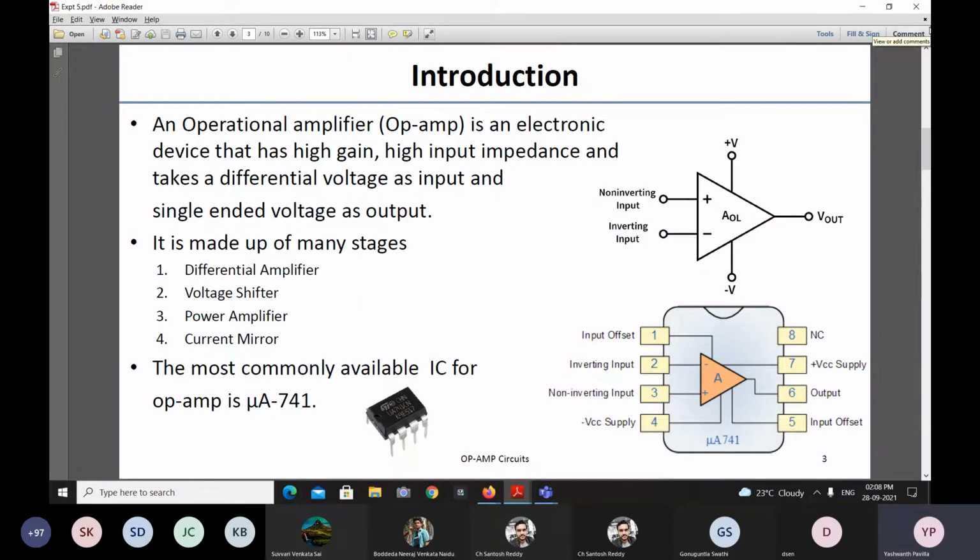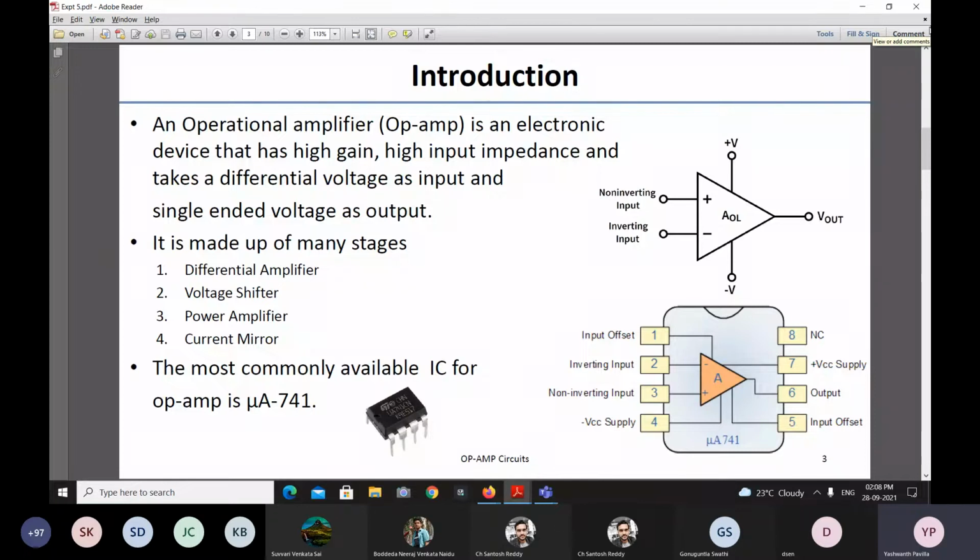I do not want to go deep into these particular stages, because it's a lab session. So just remember how an operational amplifier is different from a transistor, and how it is made up of these different stages, right?